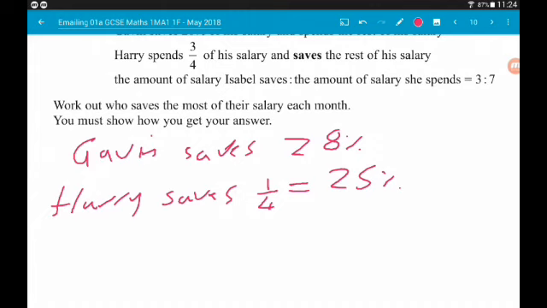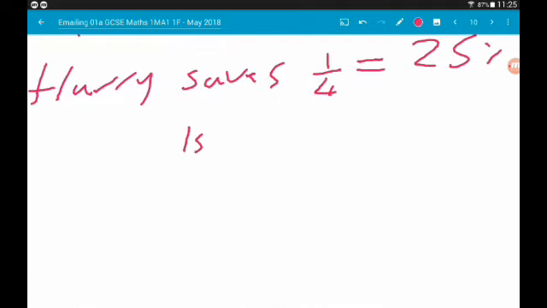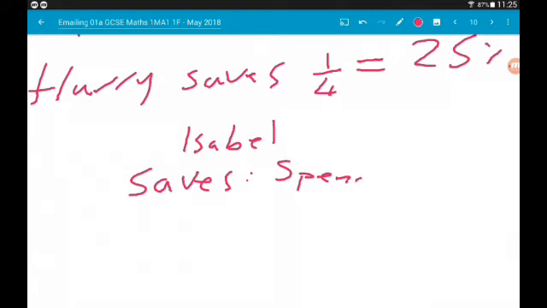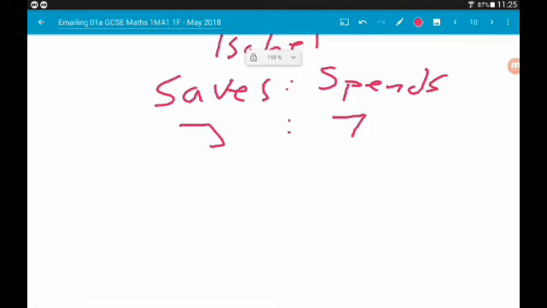Okay, now Isabel is a bit awkward because we are in a ratio. So for Isabel, she saves to spend 3 to 7. So what she is doing is splitting her total salary into 10 parts.